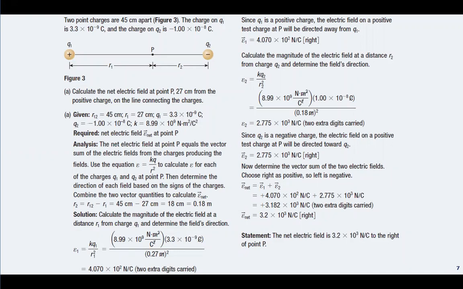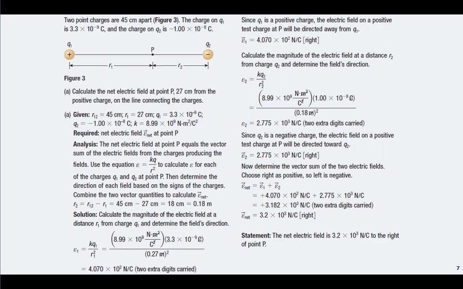Since Q1 is a positive charge, the electric field on a positive test charge at P will be directed away from Q1. Therefore, the direction of the electric field epsilon 1 is pointing to the right.